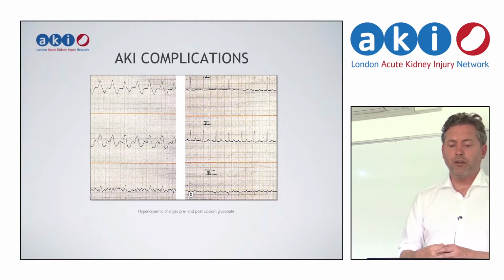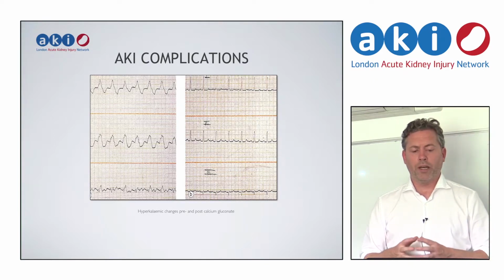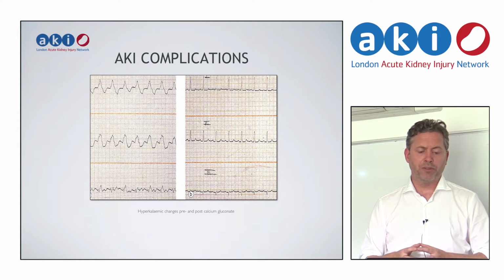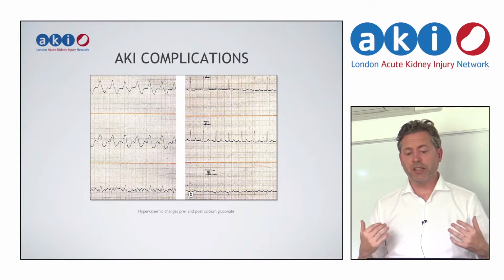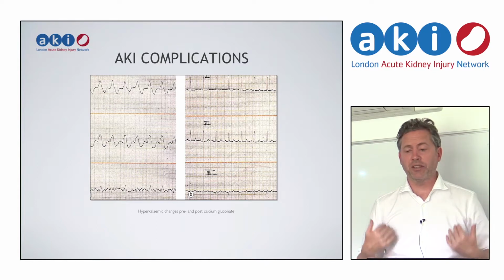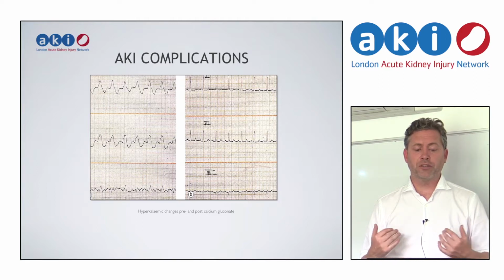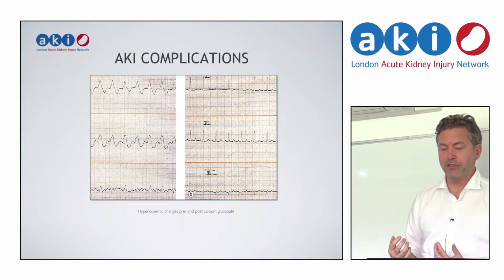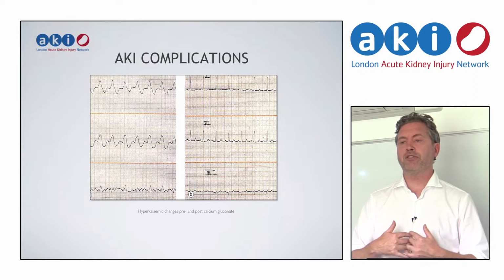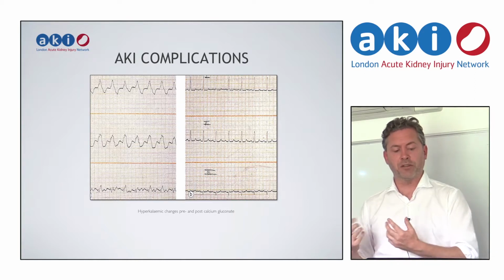Hyperkalemia in acute kidney injury will, if it's severe, result in cardiac decompensation. The problem here is actually achieving electrical excitability within the myocardial cells. To depolarize these cells, you need to move potassium from the intracellular compartment into the extracellular compartment.